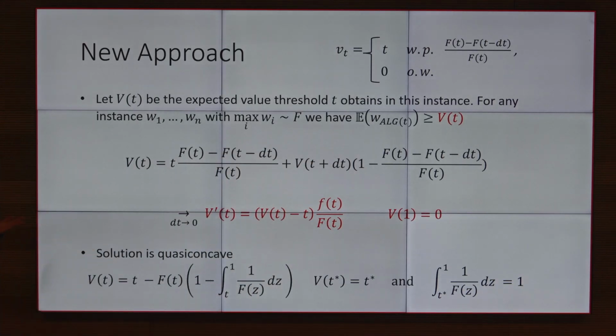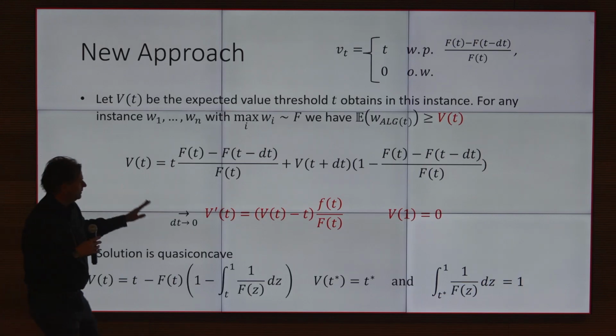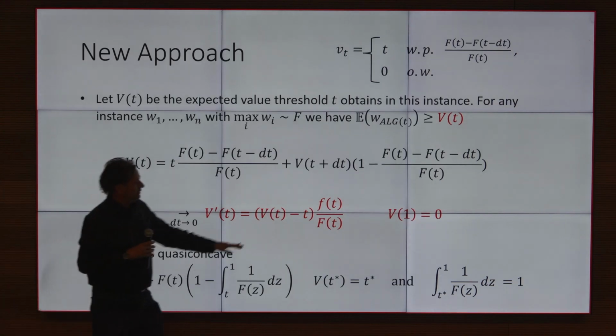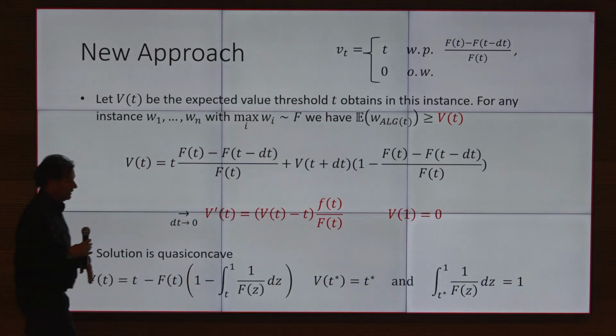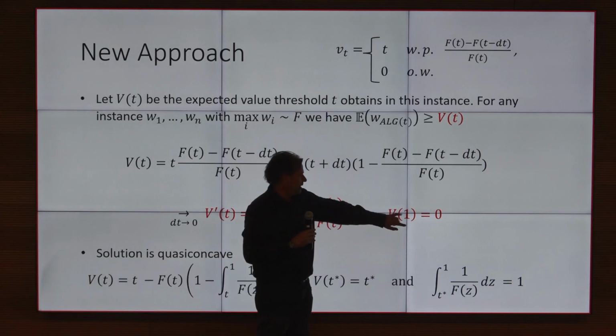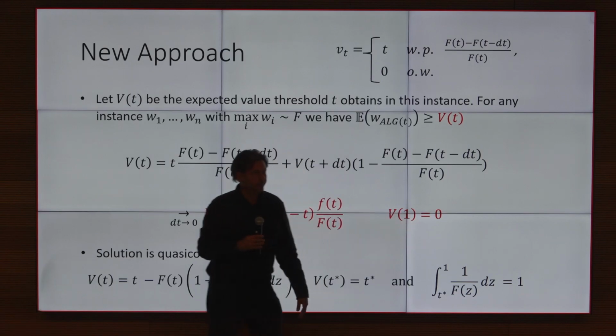And this gives you a differential equation for v, which you can easily write. So v prime is v of t minus t times density divided by CDF, and v of 1 equals 0. Remember that I'm assuming all the time that the support is 0, 1.